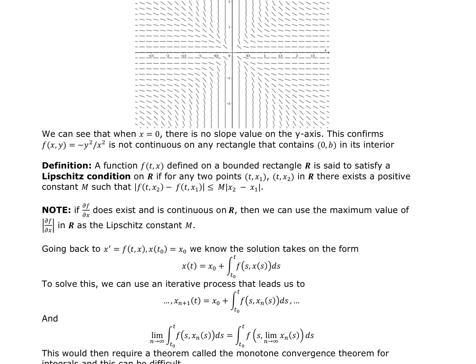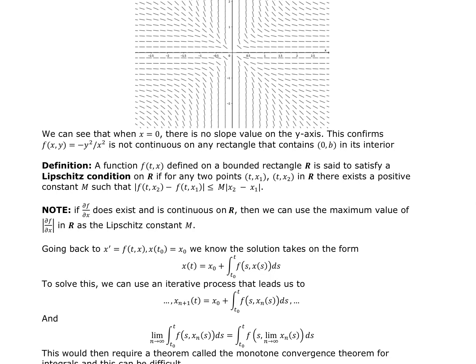A function f of t, x is defined on a bounded rectangular region, that means we get to include the edges, is said to satisfy the Lipschitz condition on R if for any 2 points, (t, x1) and (t, x2), in that rectangle, there exists a positive constant m such that the absolute value of f(t, x2) minus f(t, x1) is less than or equal to some positive constant m multiplied by the absolute value of x2 minus x1.